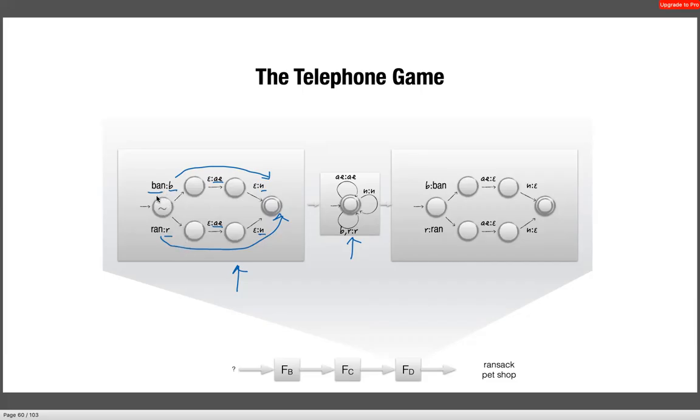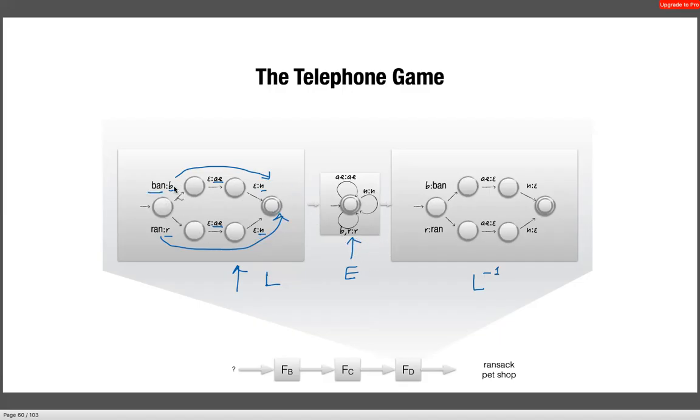Now, if I compose this particular machine, let me call this L, and then here I have my error model E, and then here I have L inverse. Here I've just inverted this machine L. So if I start with L, I have words and their corresponding phone sequences.